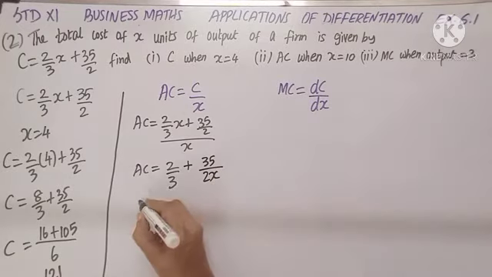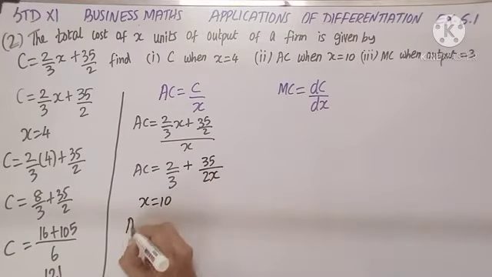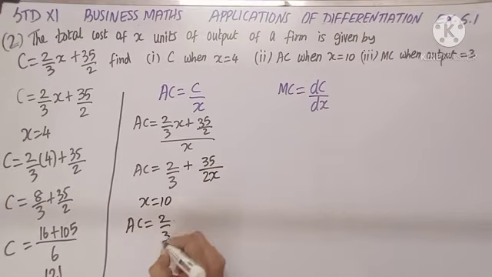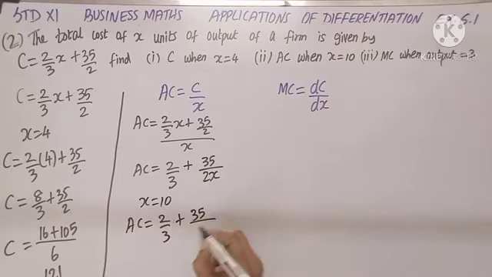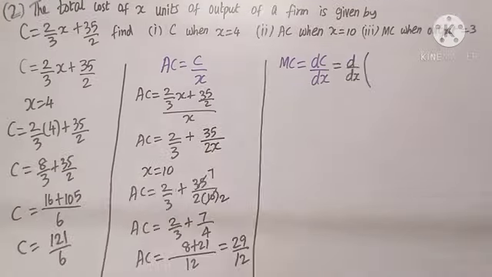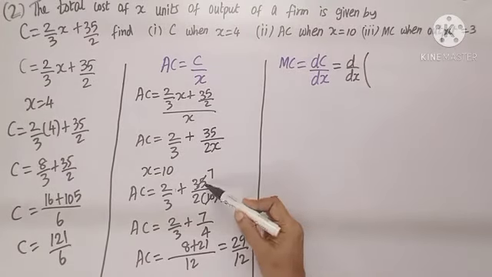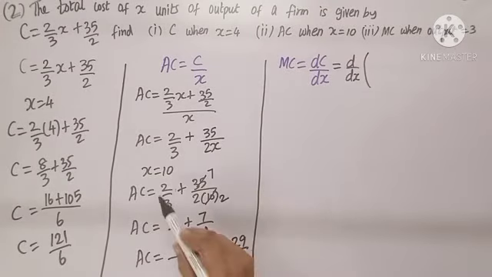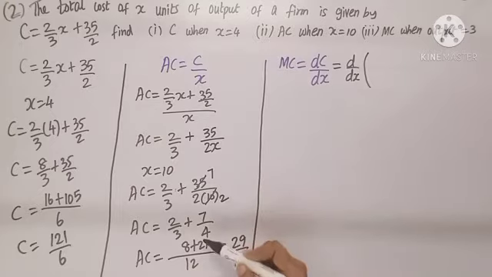When x is equal to 10, AC equals 2 by 3 plus 35 by 2 into 10. As we cancel by 5 table, we get 2 by 3 plus 7 by 4. Taking LCM, 12. 8 plus 21, that gives us 29 by 12.